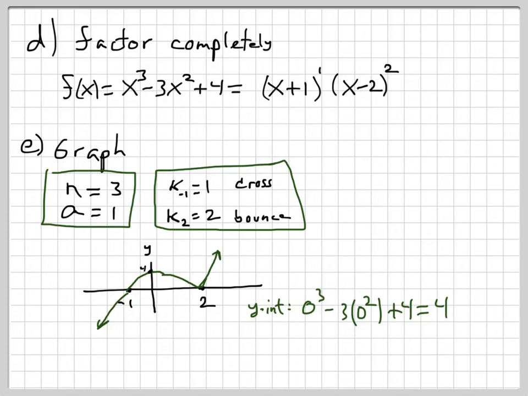And I will find the y-intercept by setting x equals 0, and I get that it's equal to 4. So 4 is the y-intercept. And so this graph has the x-intercepts and the y-intercept, and that's a good sketch of the polynomial. And that is that.